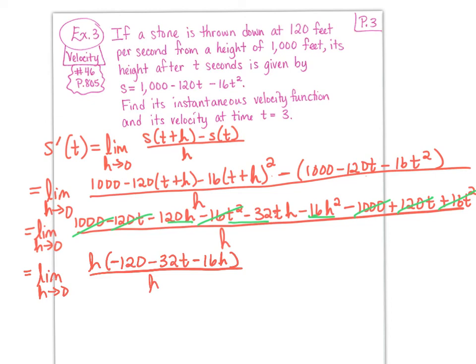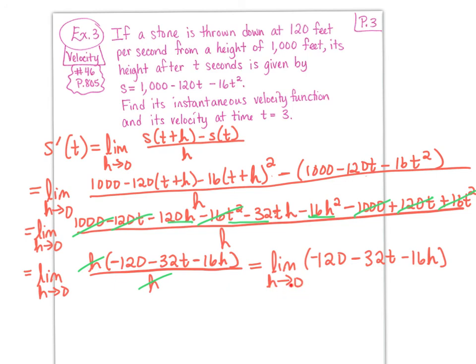Those h's cancel. So we have the limit as h approaches 0 of negative 120 minus 32t minus 16h. Because you factored out the h here.